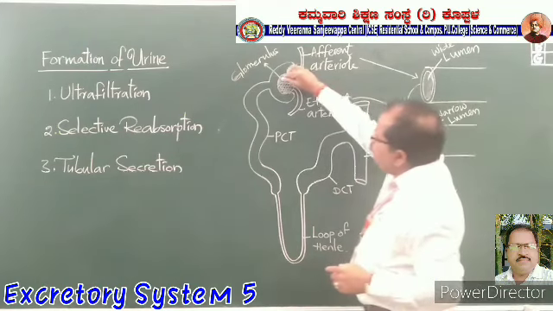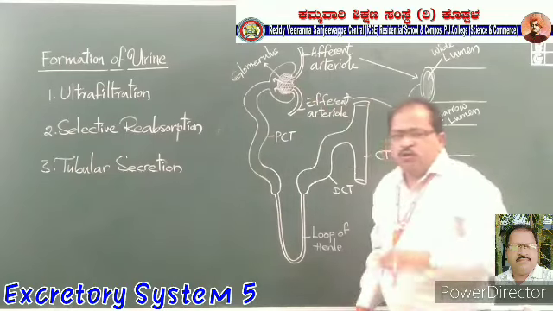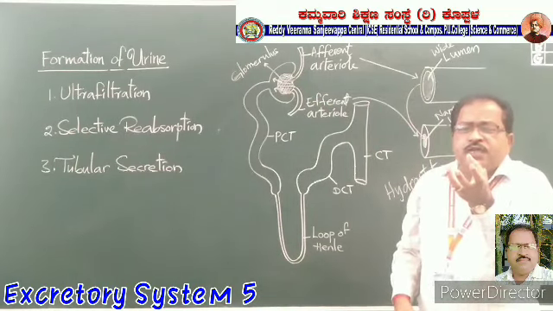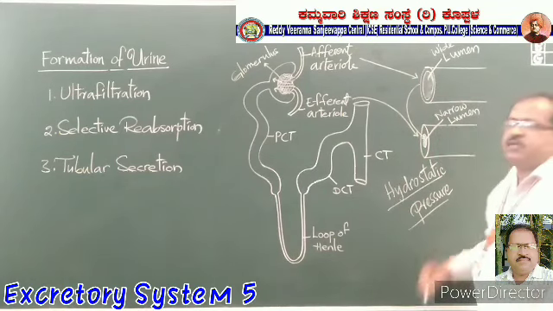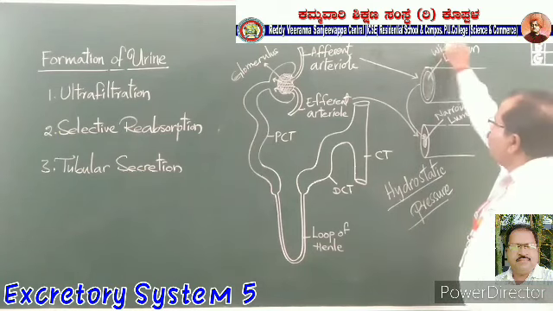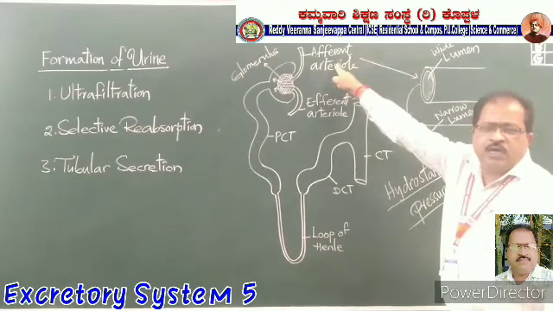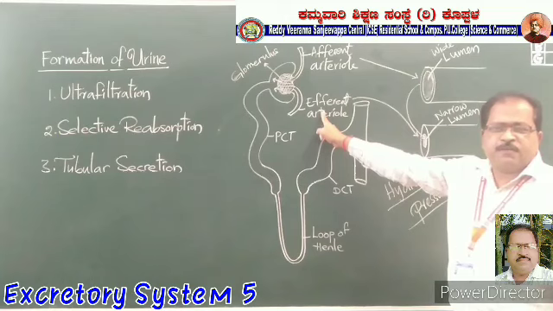These all will be moving through the walls of the Bowman's capsule simply by using the hydrostatic pressure, which is created while passing the blood from the wide lumen to the narrow lumen. Wide lumen is for the afferent arteriole, narrow lumen for the efferent arteriole.